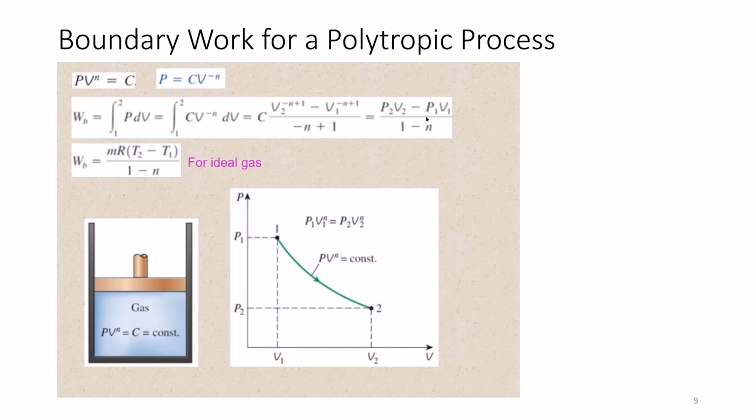And the last part of this, what we can do is make a substitution with mass times the ideal gas constant times the difference between these two temperatures.